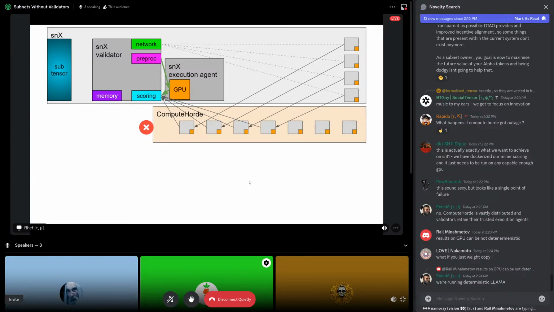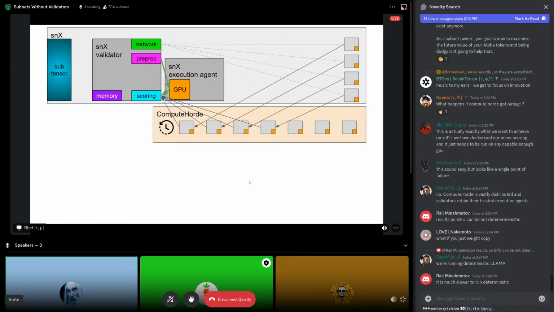Now, compute hoard will get that information as a hint, but it will verify the claim. If a validator says this is actually a proof that someone is cheating on compute hoard, then compute hoard will run it again on trusted local hardware.